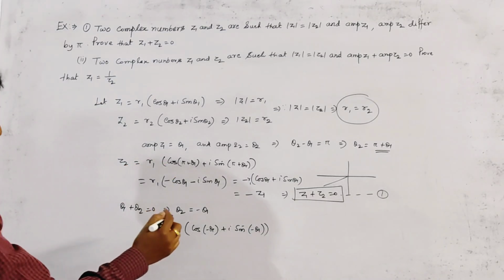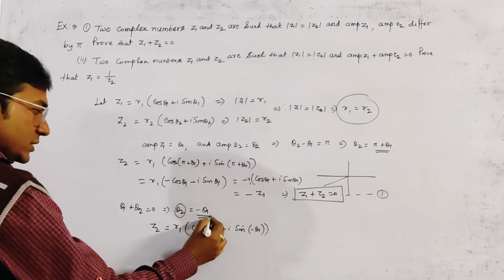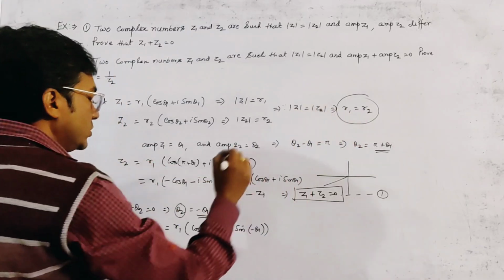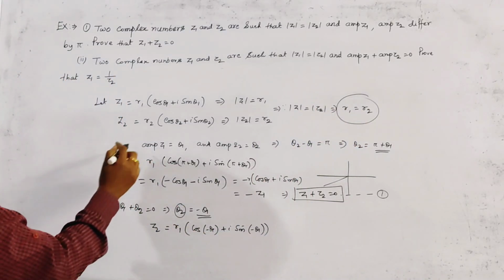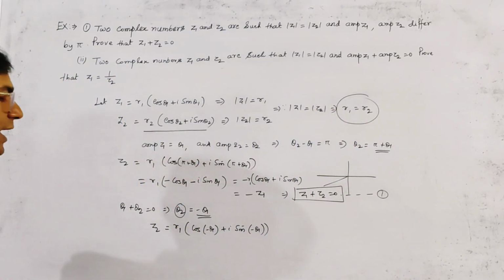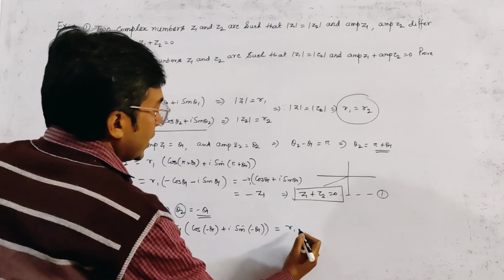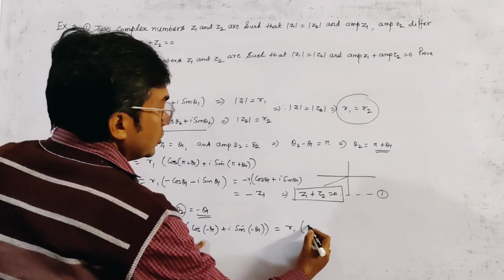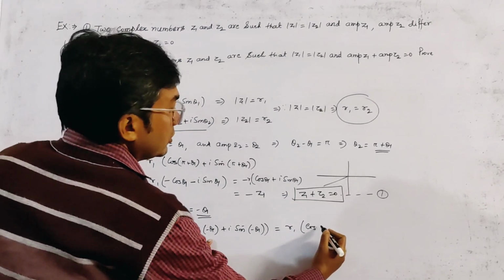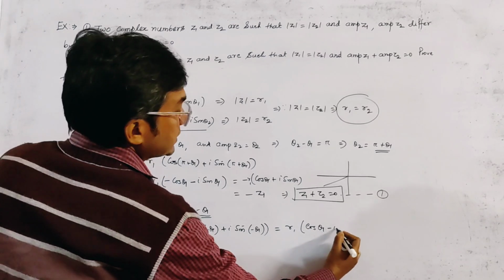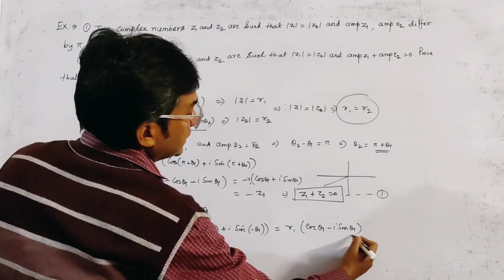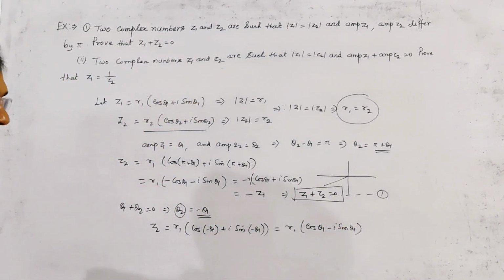Putting theta 2 equal to minus theta 1 and R2 equal to R1 in Z2, we get R1 into cos theta 1 minus I sin theta 1.